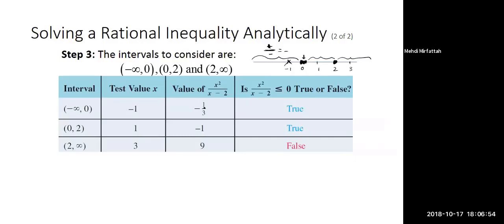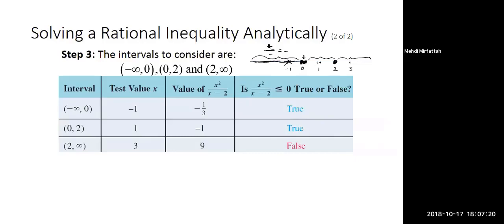Actually, matter of fact, it's -1/3 if you plug the numbers in. So is it true? You want it to be less than 0, right? Less than 0 is negative. That's good. So all the numbers from -infinity to this point here, 0, must be the solution.